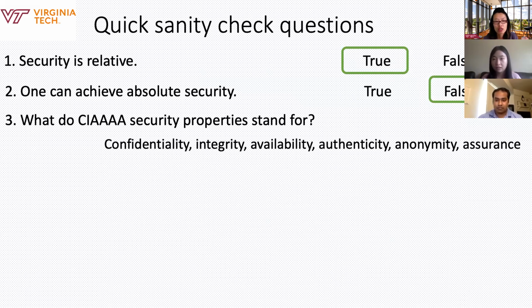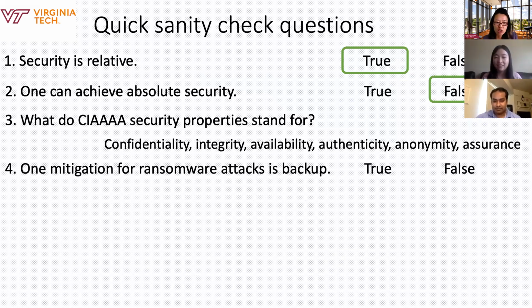Say it out loud. Salman, could you say it out loud with me together? Okay, 3, 2, 1. Confidentiality, integrity, availability, authenticity, anonymity, assurance. Thank you very much.